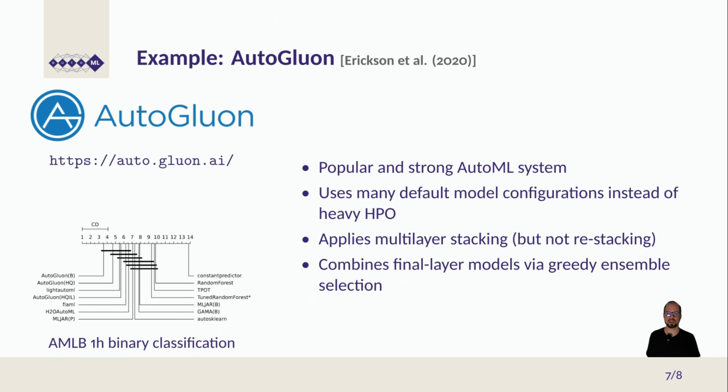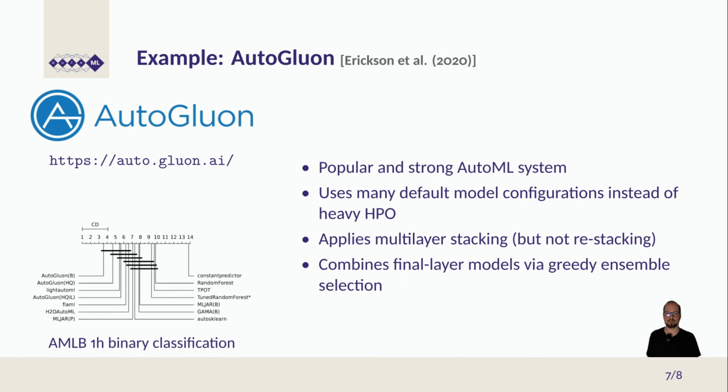It used to only use the default configuration of models, but in later versions, the tool actually uses meta-learning in order to figure out what are good and complementary configurations that should be used in the ensembling and stacking procedures. It applies multi-layer stacking, although not restacking, and it combines the final layer models via greedy ensemble selection.